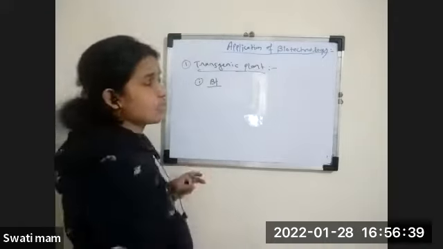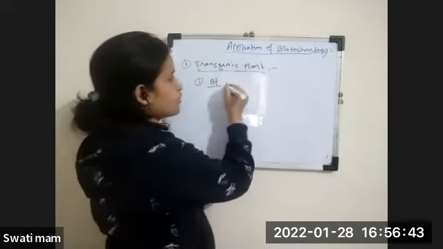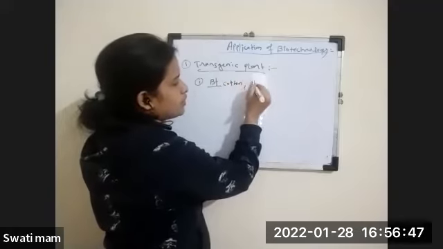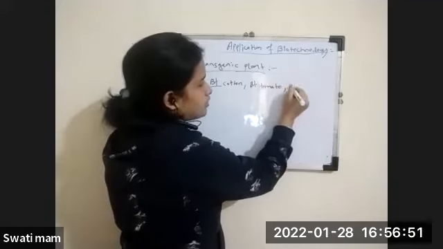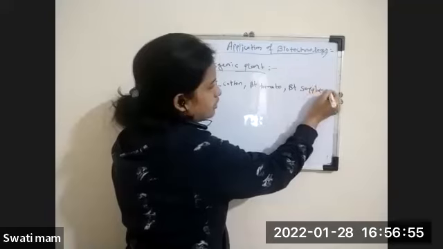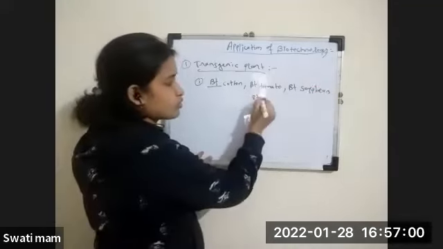And what are the examples of transgenic plants which are formed by the process of biotechnology? It is BT cotton, then BT tomato, then BT soybean. Then other examples are there, BT potato is also there.